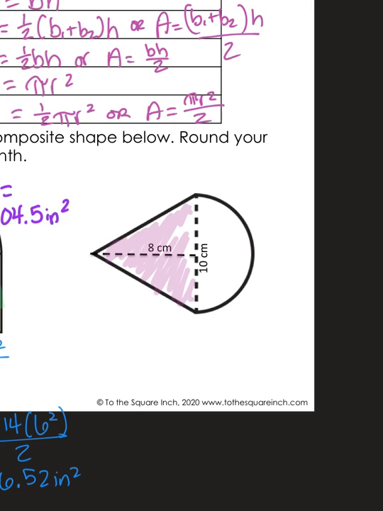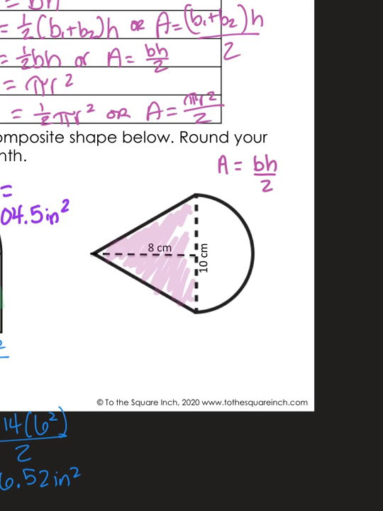So I know that my formula for triangle is area equals base times height divided by 2. So looking at that, my base is going to be this right here, this 10. And then the height is going to be this right here, the 8, okay?